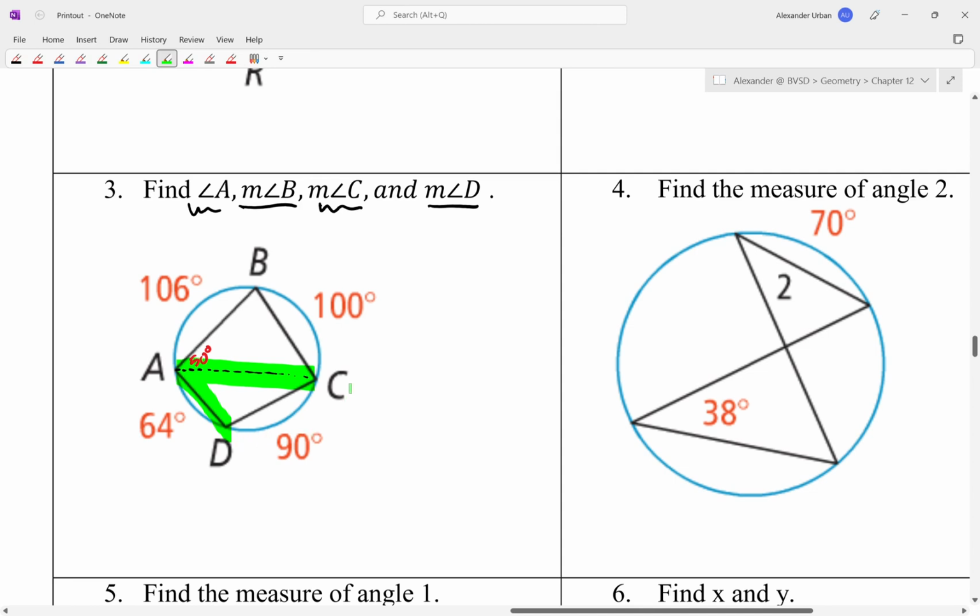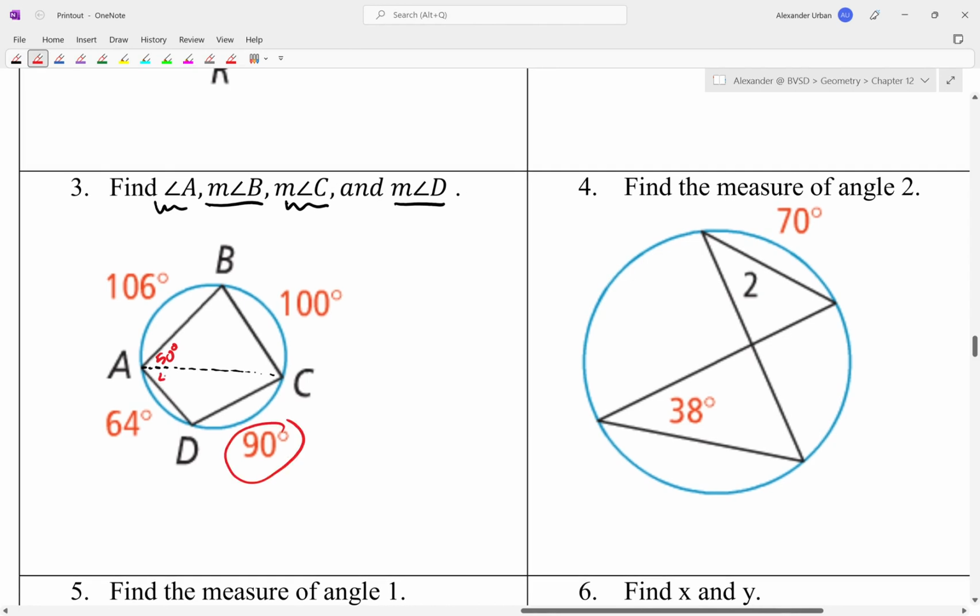We look at its arc length, it's going to be 90. And I'm just going to erase this now so you've seen it. CAD. Half of 90 is going to get me 45. So I already know right here, the measure of angle A will be equal to 90.